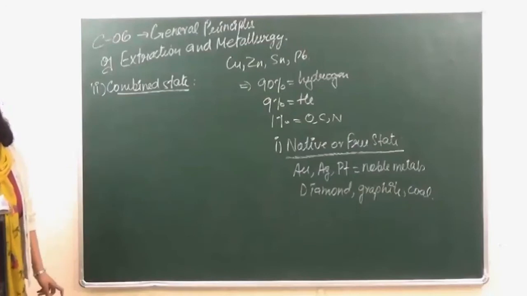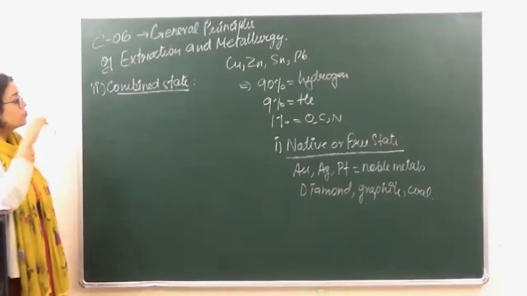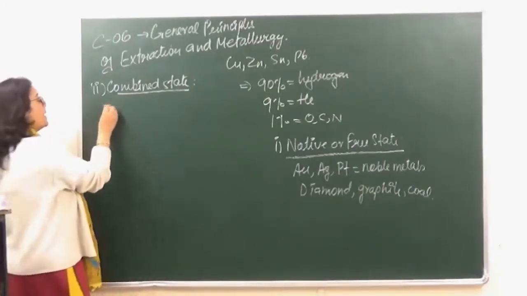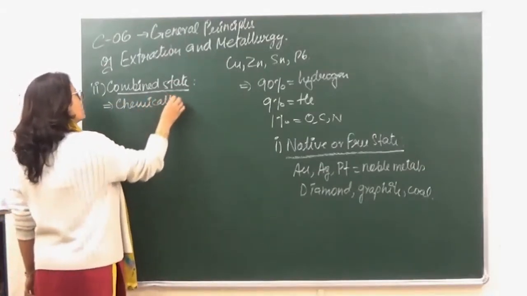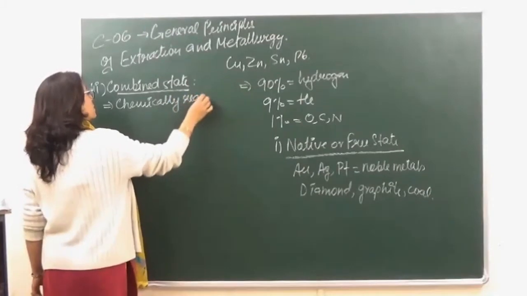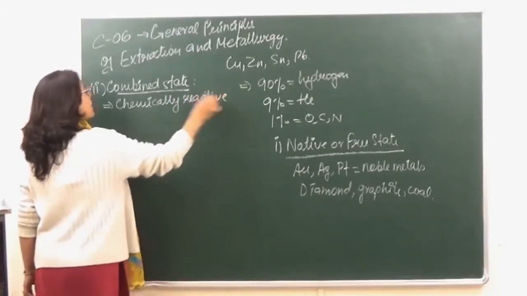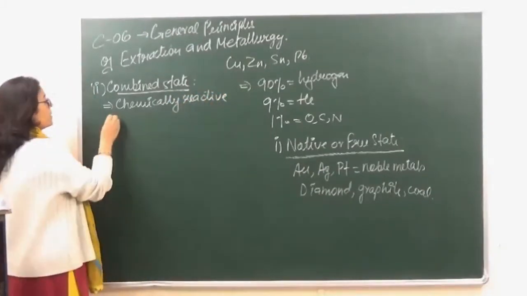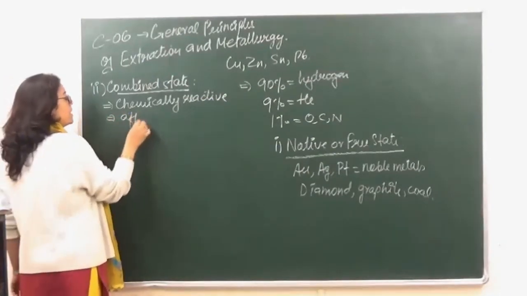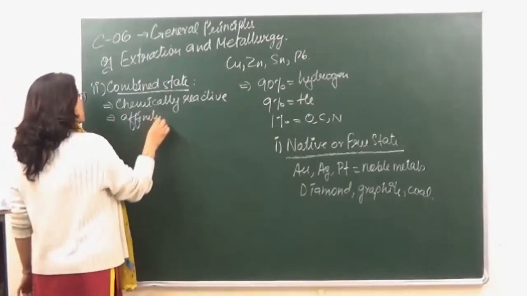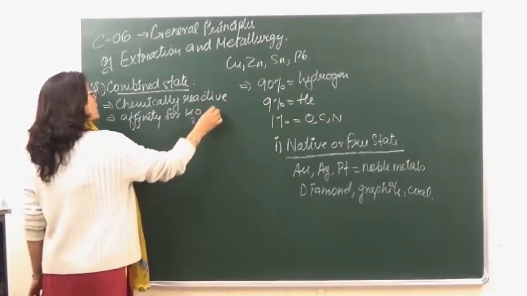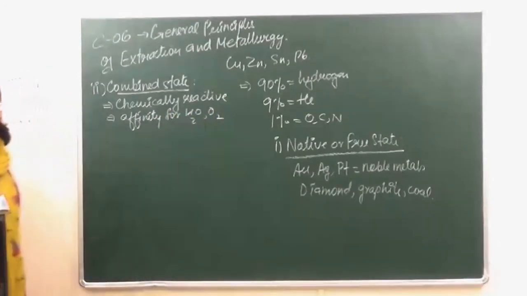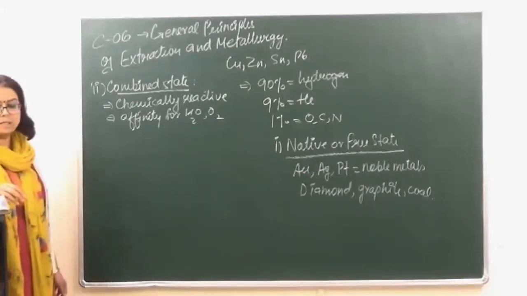Now, in case of combined state, only those elements which are highly chemically reactive may be present in the combined state, and also elements which have great affinity for water and oxygen may also be present in combined state.